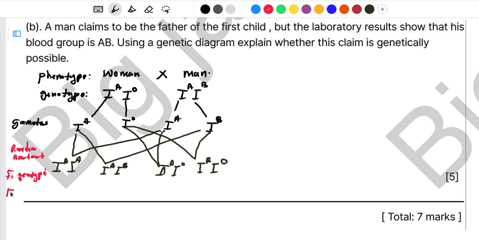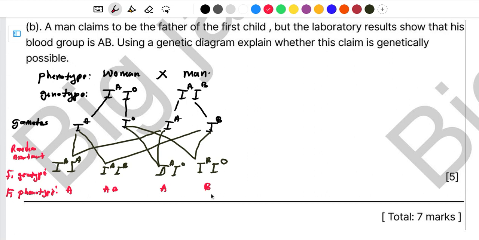And then also this one is going to be the F1 phenotype, where we are going to specify the blood group. So this is blood group A, and then this is blood group AB. But you're supposed to write it in full to say this is blood group A, this is blood group B, and this is blood group A, and this is blood group B.